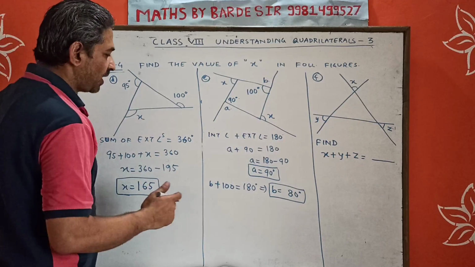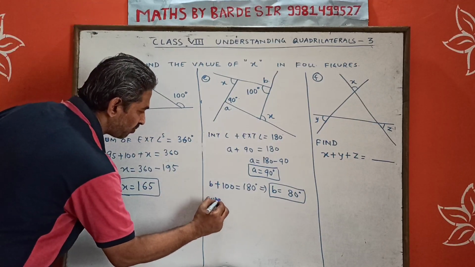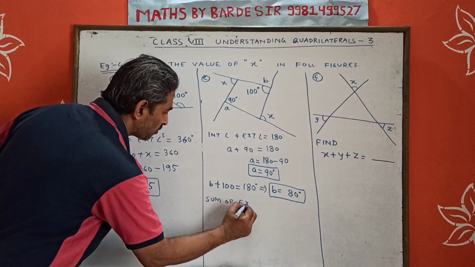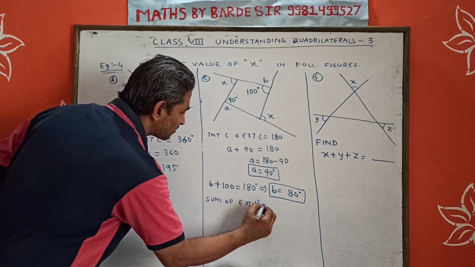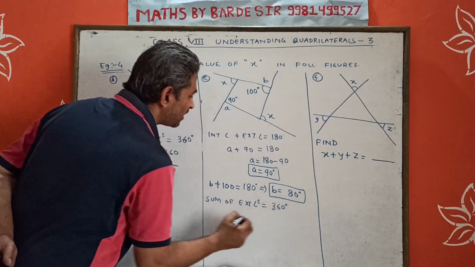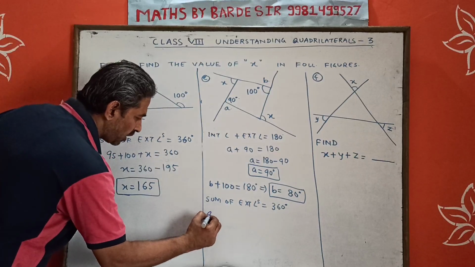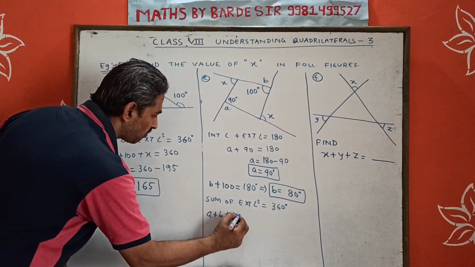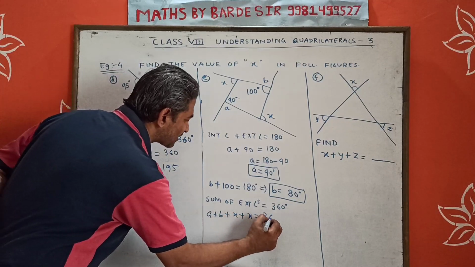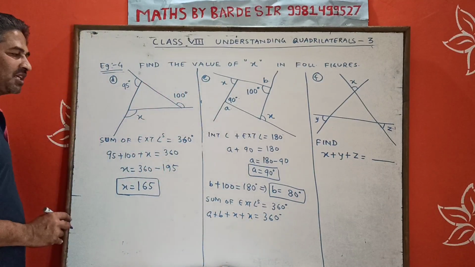Now we'll find out x. For that, sum of exterior angles is always equal to 360 degree. So we'll have A plus B plus x plus x is equal to 360.